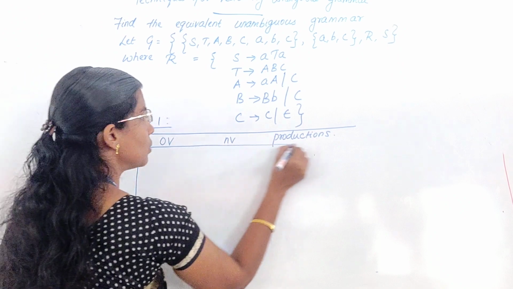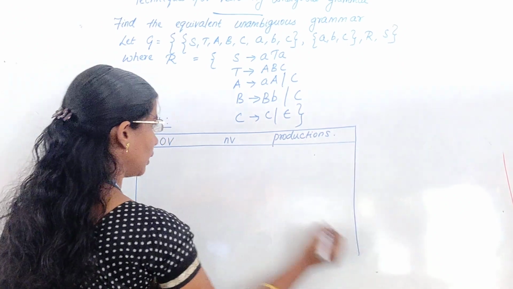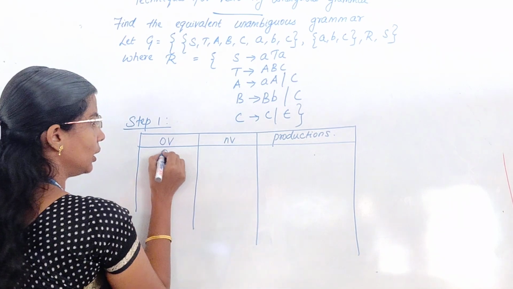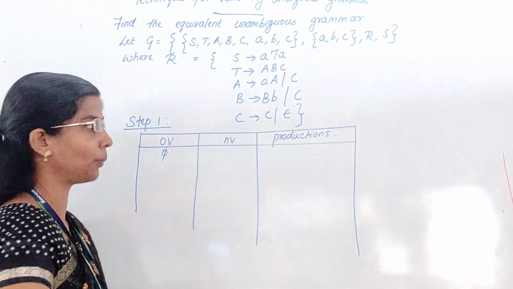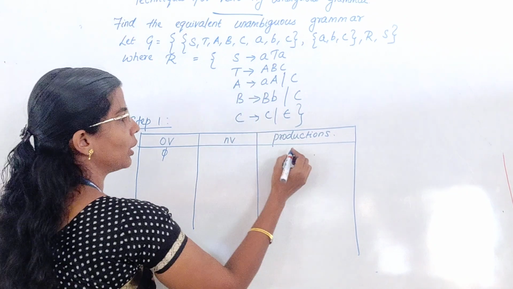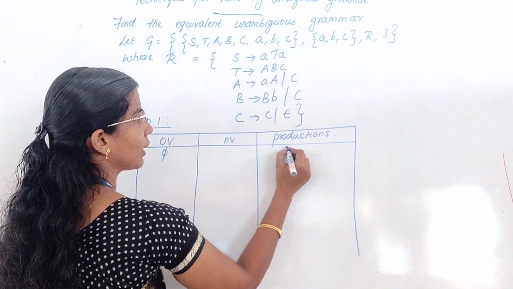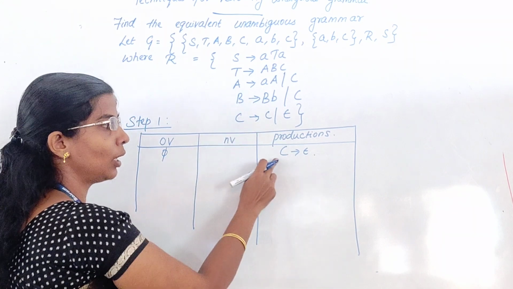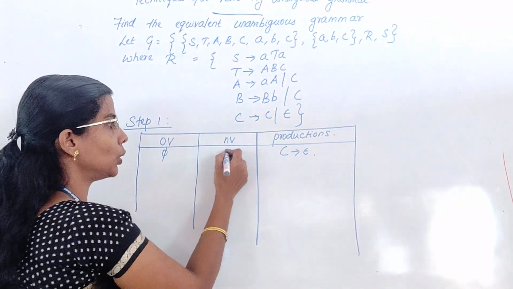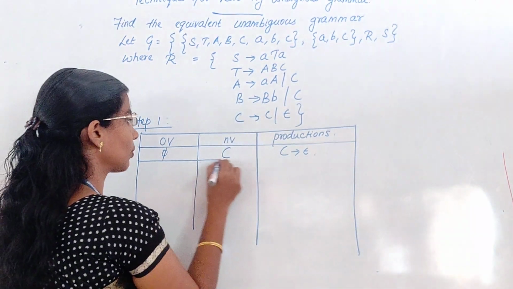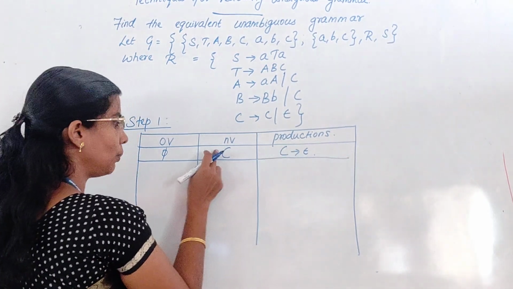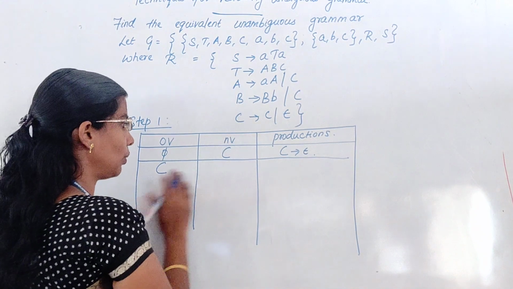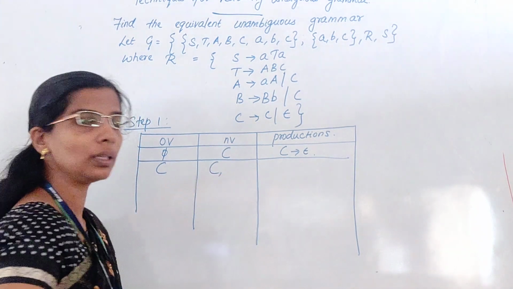Initially this old variable will be S. I have only one epsilon production, so I'll write C tends to epsilon. No other production. So copy this variable to new variable, and from new variable I copy to old variable.